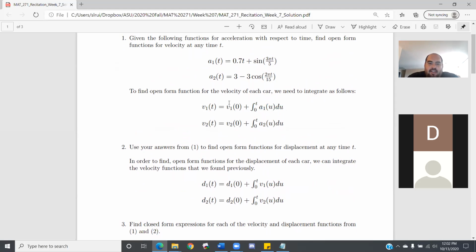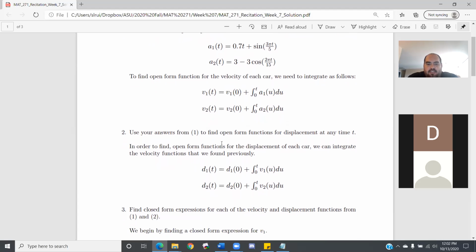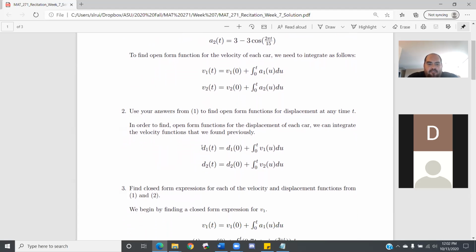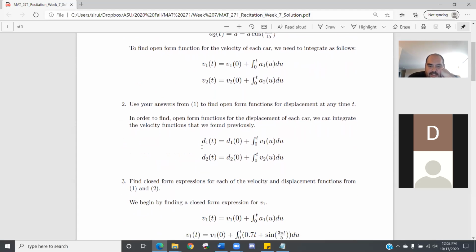To get the velocity at any time for that car, you need to have the net accumulation at any time plus the initial velocity of that car. So that's the way you build both the open form velocities, and the way that you build both of the open form distances is very similar. So I didn't see that most people had a big problem with that.